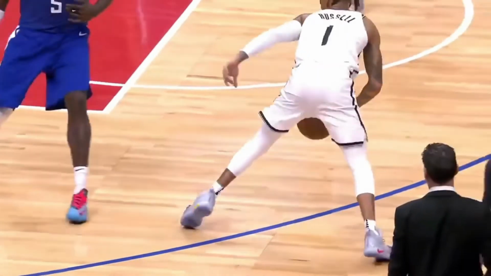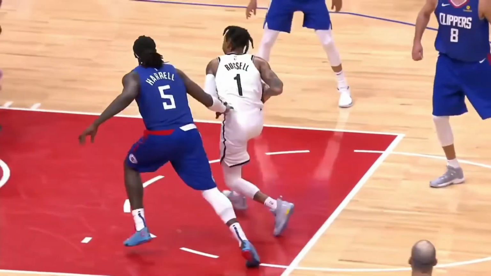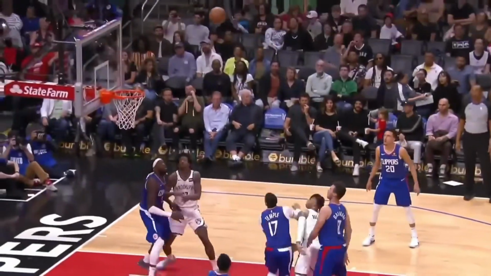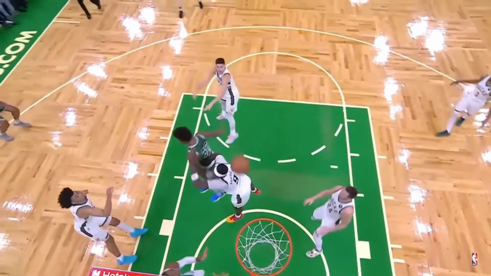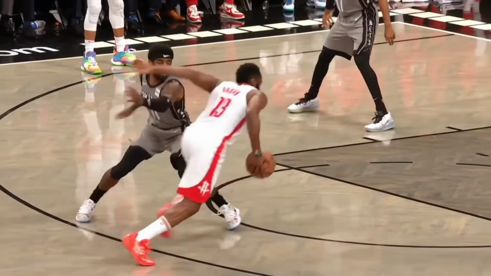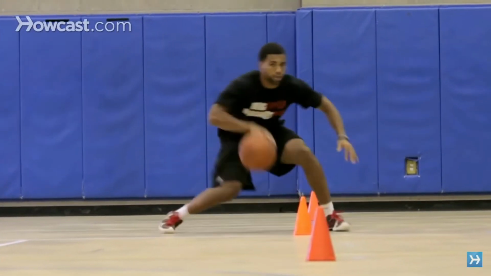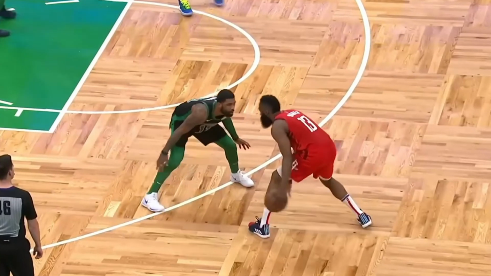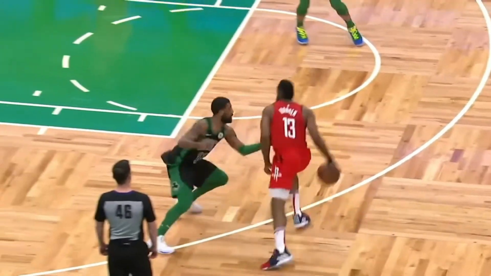Don't look at your dribble, because if you do, you won't be able to see open opportunities for your teammates. Keeping your head up will allow you to scan the court so that you can properly pass. Start with easy dribbling moves such as the crossover or the in and out dribble. Don't go to advanced dribbling techniques that you see on YouTube right away. Just focus on the fundamentals and work your way up.